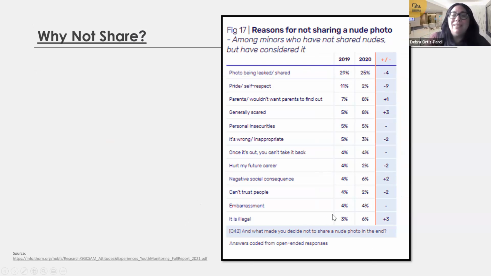Only 6% of the time are they saying that the fact that sharing their images is illegal is stopping them from sharing their images. So that's not really a message that resonates with young people. So we want to make sure that we're meeting them where they're at with our messaging too, and what's going to resonate with them in terms of helping to motivate them to not share their images online.